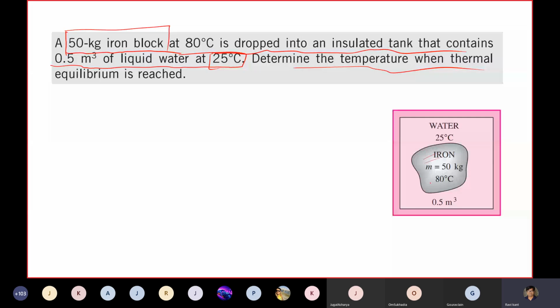It has some temperature, some mass, some specific heat C value, and water will have some C value and some mass. Whatever is happening from here to here, some heat will go from here to here, so heat interaction is there. But since your system is the whole, what would be the change in energy?